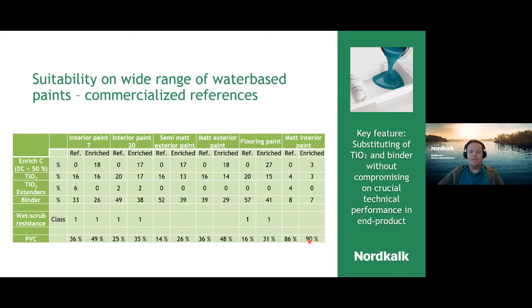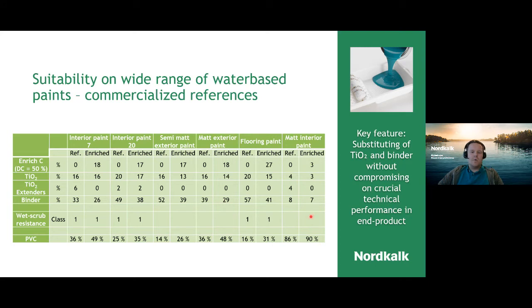Then matte interior paint: there the replacement seems to be quite small, but of course the titanium dioxide amount in the beginning is really low, and then we have squeezed a little bit from that also, and increased the PVC even from this 86 to 90%.